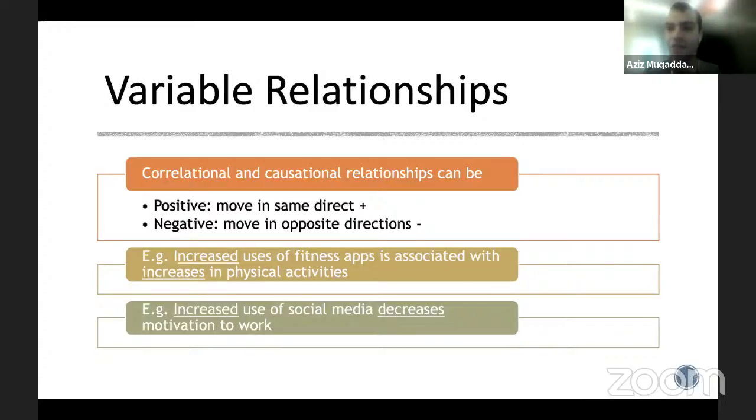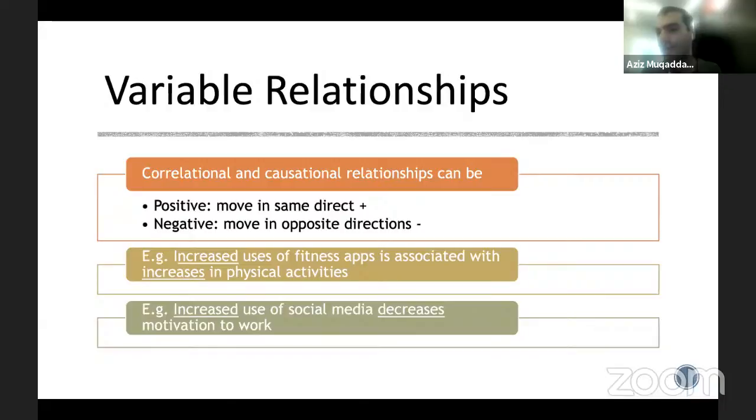Negative doesn't mean no relationship, and many people get confused about this. Negative means they move together but in opposite directions. So when your grades decrease, your level of depression increases. God forbid, right? But that's an example.